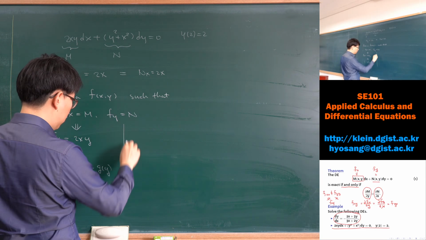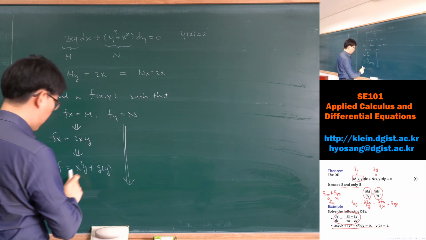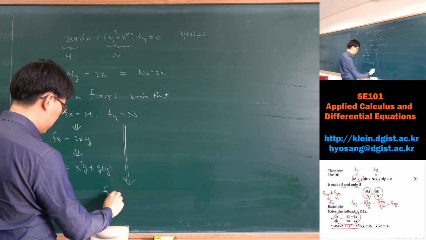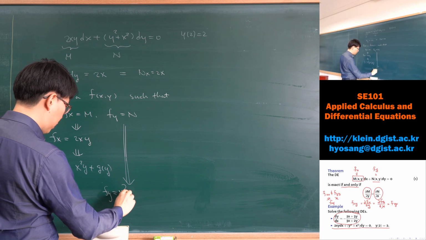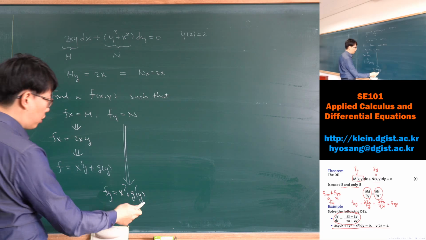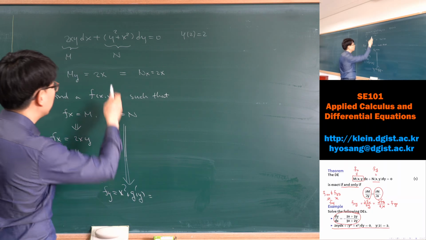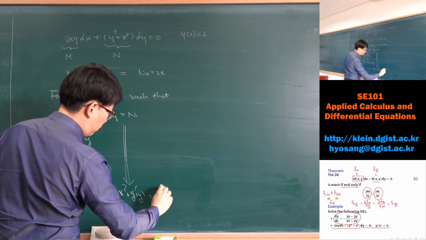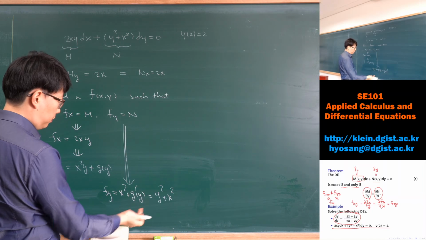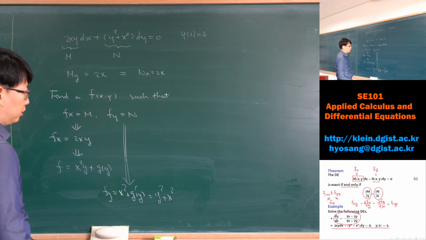Using this fact, if I take a derivative in y, I get fy equals x squared plus g prime of y, and that must equal y squared plus x squared. So I know that g of y must be 1 over 3 y cubed.